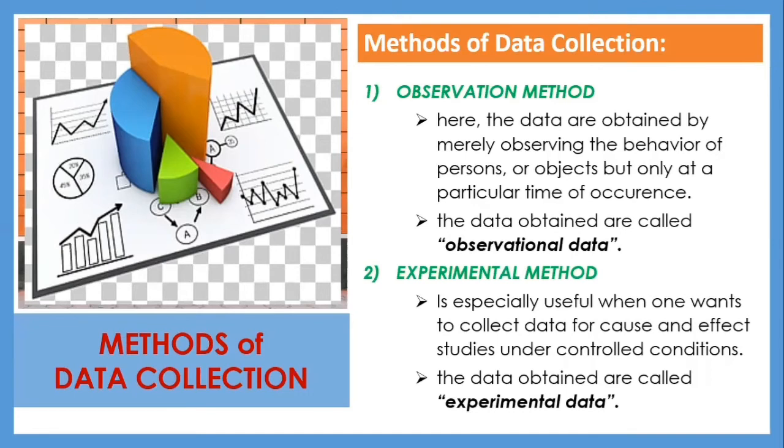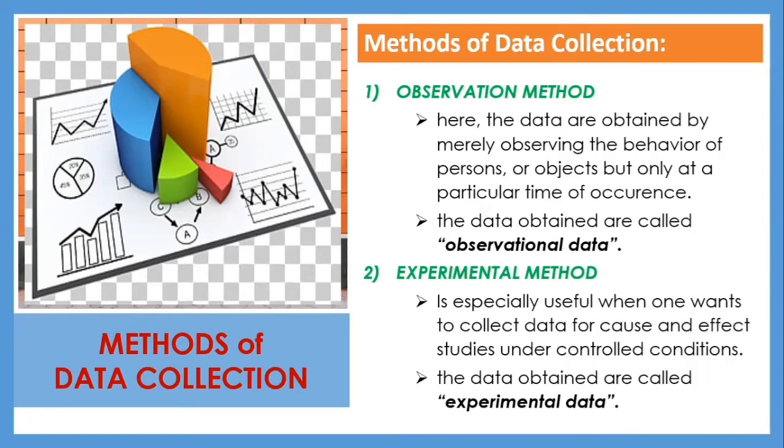If we say observation method, it is the most simple data collection technique. Here, the data are obtained by merely observing the behavior of persons or objects, but only at a particular time of occurrence. The data obtained is called observational data.